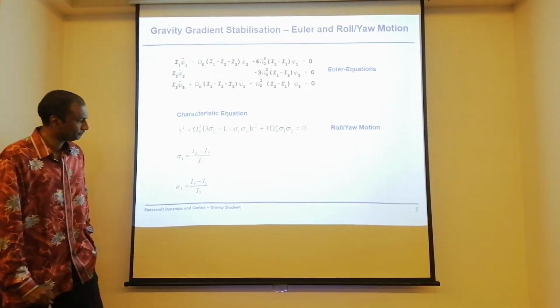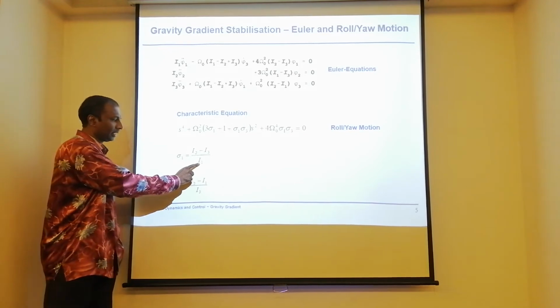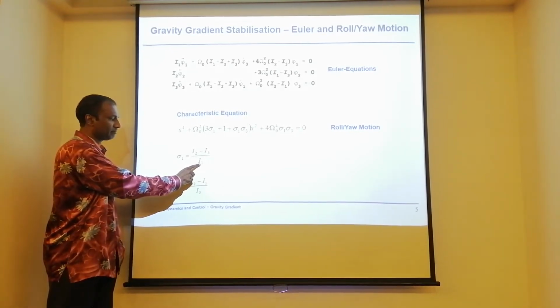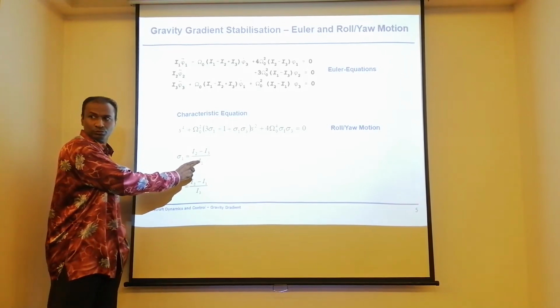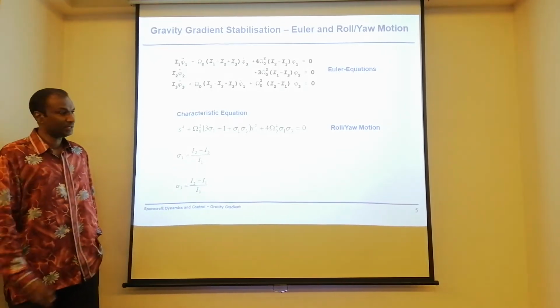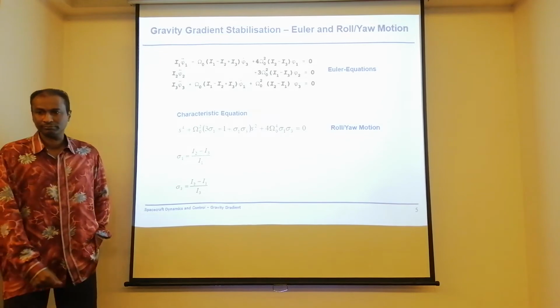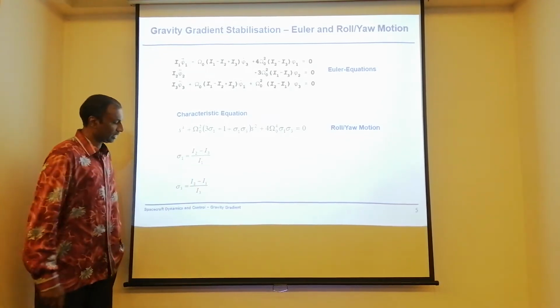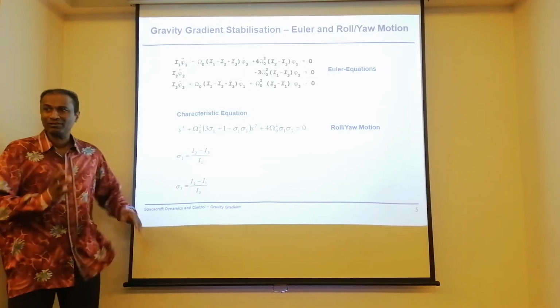It means that if I have a very huge I1, that means inertia x, when I have huge, I can't be stable. So I need to have a balance.